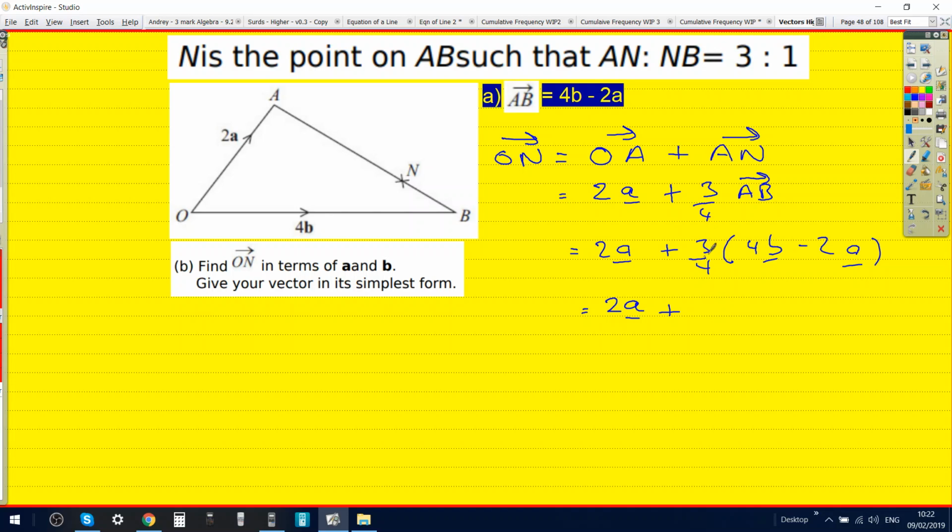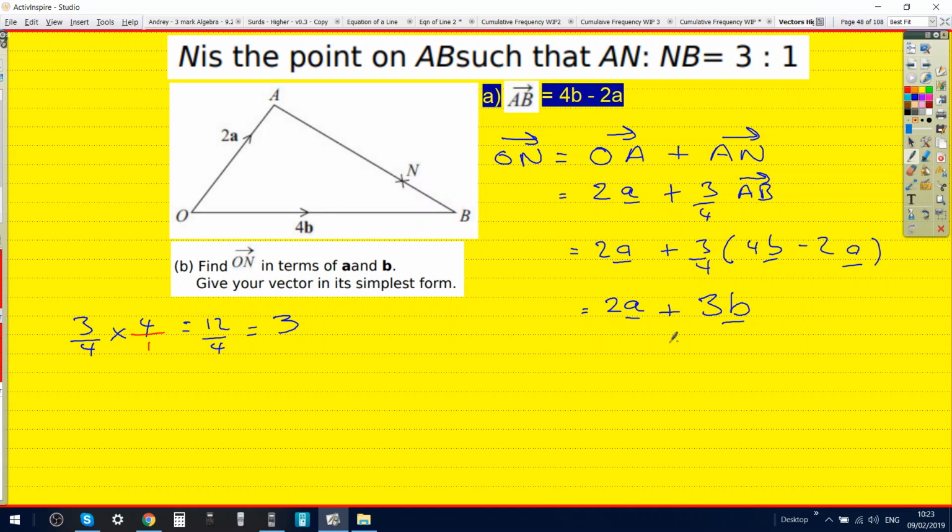And what is 3/4 times 4? Is it 12 over 4? Yeah, what is 12 divided by 4? That's 3. That's it. So that's 3B.